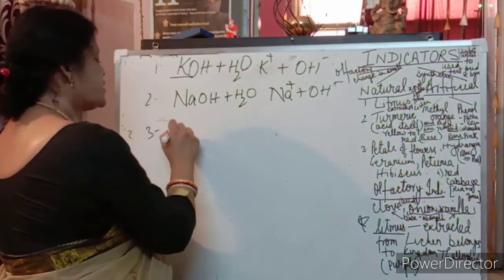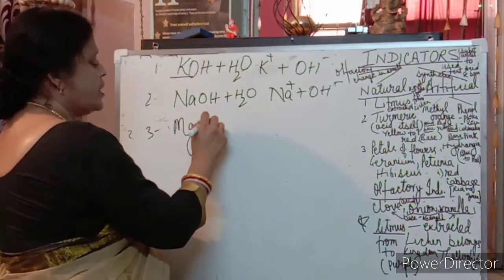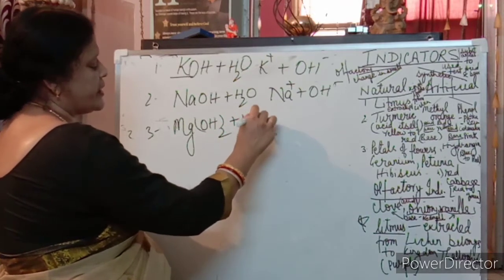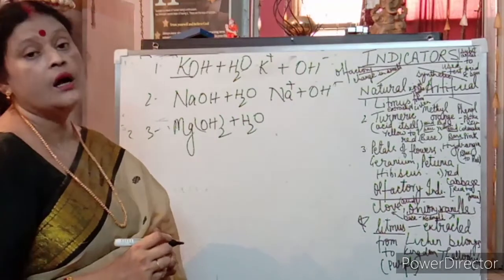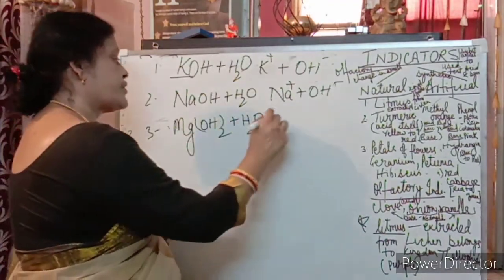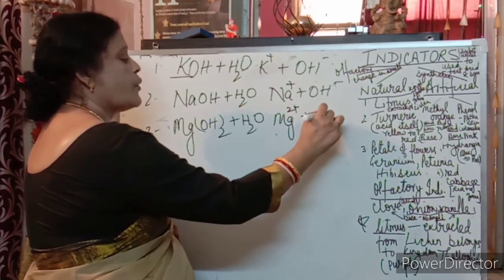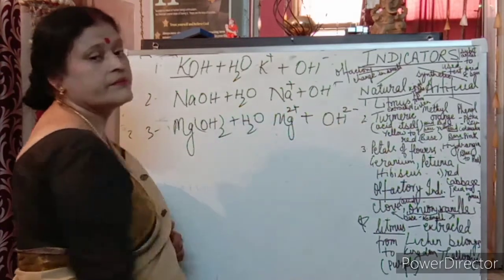Next is Mg(OH) whole twice plus water solution. We are making an aqueous solution. Dissolving in water will form an aqueous solution, so it will release Mg2 positive ions plus OH negative ions.